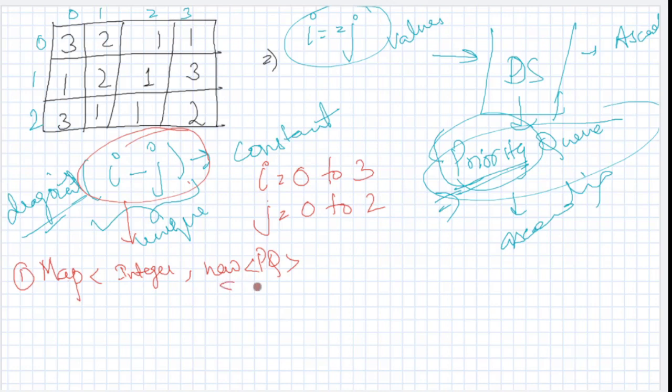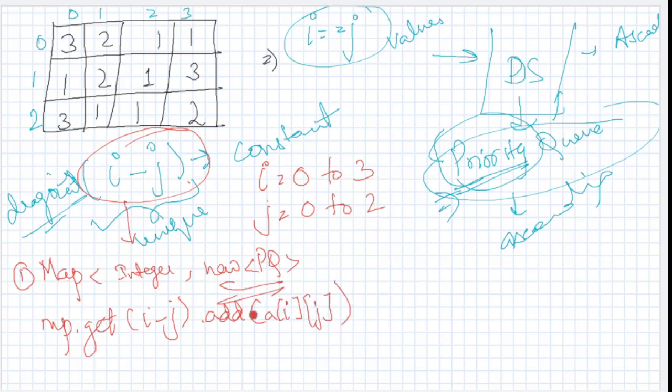If not, then you need to create a new priority queue. If we have this value, then we get mp.get of this value, and for that we add the value of a of i, j, or matrix of i j, whatever you want to name it. Okay, this is what has to be done.